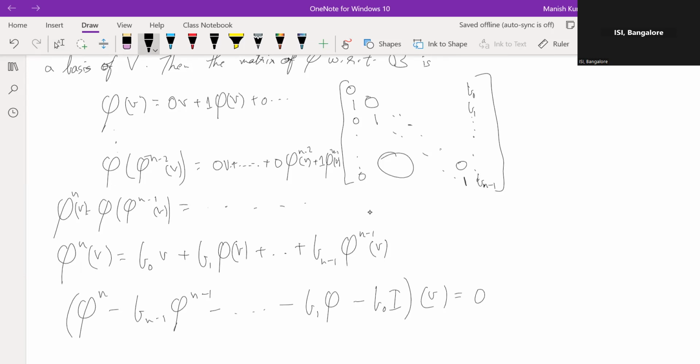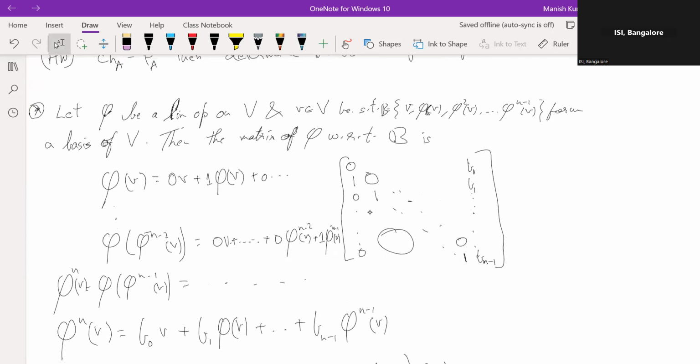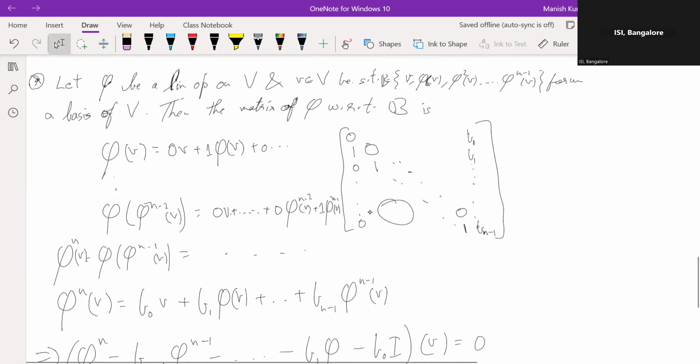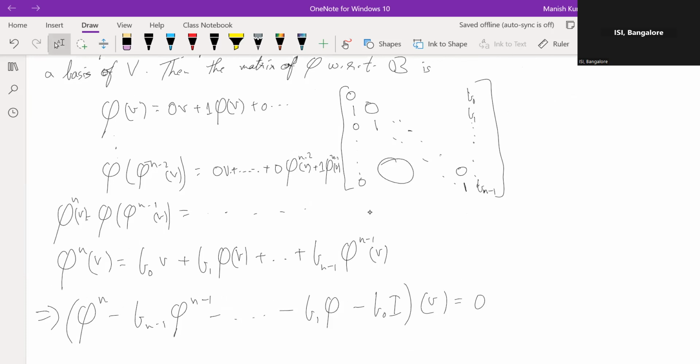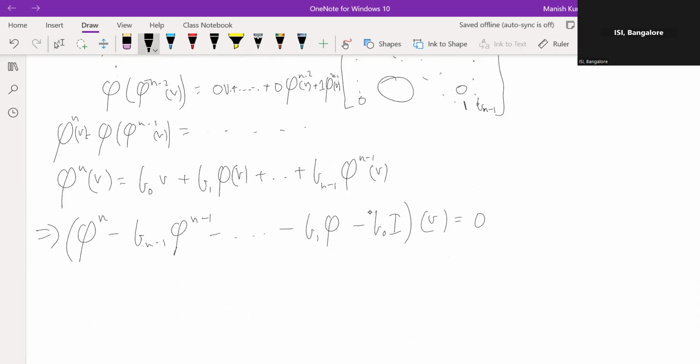That is what the previous equation says. So this equation implies this equation. And of course, once it is 0 for v, then if you apply phi here, you can pull out a phi, and so it is true for phi v as well.